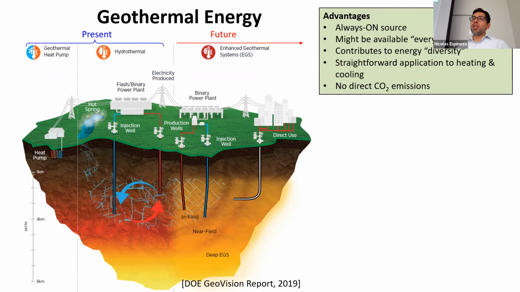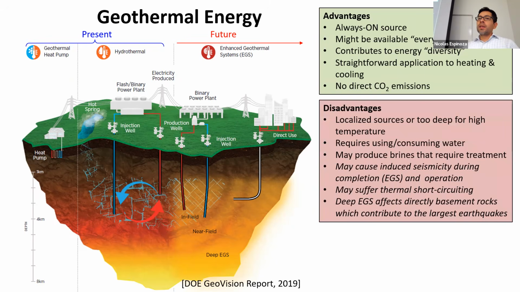You know these advantages. Geothermal is always on, has a very small CO2 footprint, and is really something that is going to take a share of the energy in the future. There are some disadvantages, however, that we have to be aware of and consider whenever we design these systems. Particularly today for geomechanics, we're going to talk about what might be the cause of induced seismicity, how we can avoid that, and also how we put geomechanics into consideration when designing these systems.